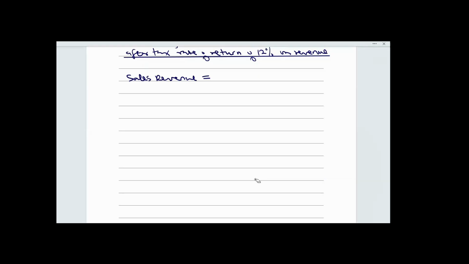Let's do it this way. Sales revenue would then be equal to fixed costs plus targeted profit after tax divided by 1 minus tax, everything over the contribution margin ratio. So you remember this formula.